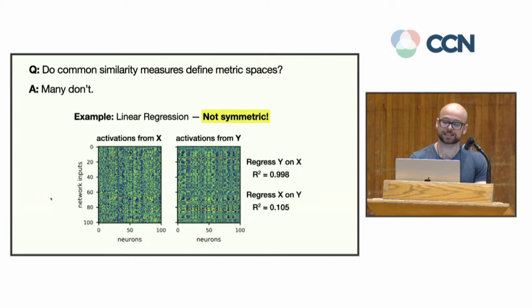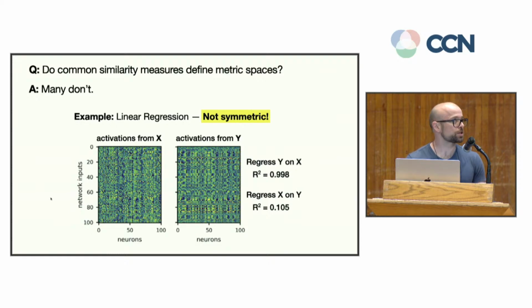But if I try to predict X from Y, the R squared is 0.1, and in general, it can be arbitrarily close to 0. So you can symmetrize linear regression by taking the average of these two numbers, and that helps to some extent, but it doesn't get you all the way there to satisfying the triangle inequality.